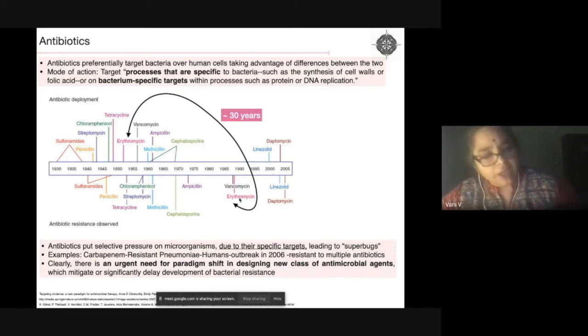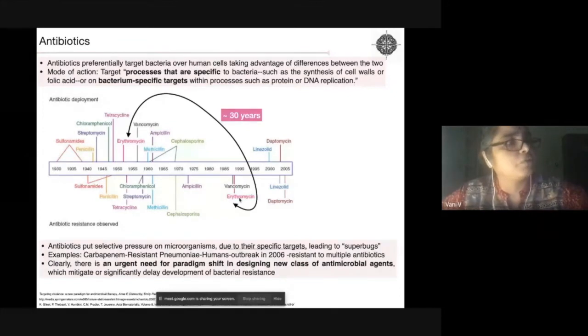So for the last 20, 30 years, there's been a lot of push in trying to understand: maybe making stronger antibiotics is not the way to go about it. There are clearly a lot of issues. So can we go back and design, or should we have a paradigm shift in looking for new kinds of antimicrobial agents, right?